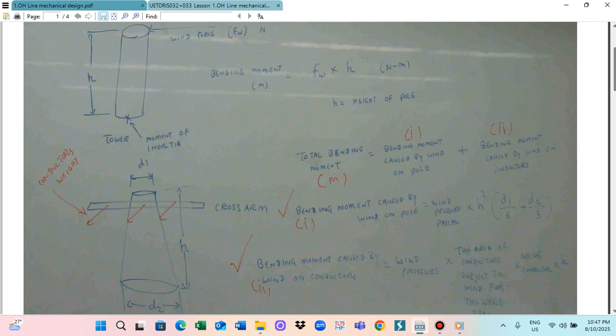So one will be the wind force, another will be the wind force on the conductor. So we can calculate total bending moment equal to bending moment caused by wind on pole plus bending moment caused by wind on the conductor.